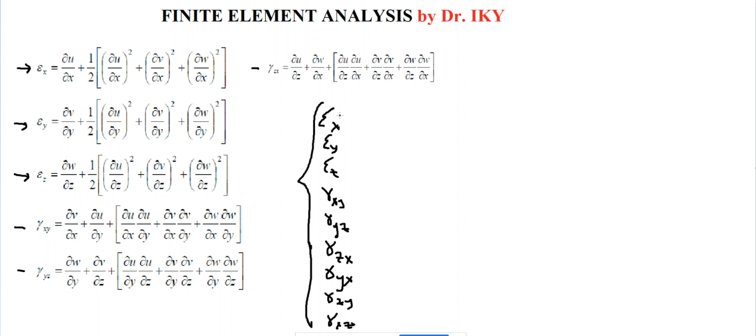So it was 6 by 1 before, but if it is not equal, it will become 9 by 1. But if it is equal, it decreases to 6 by 1. So let me clear here. And we can call this vector the strain vector.